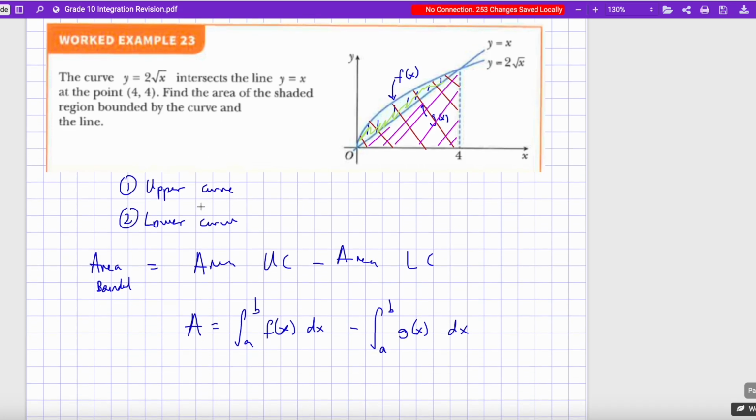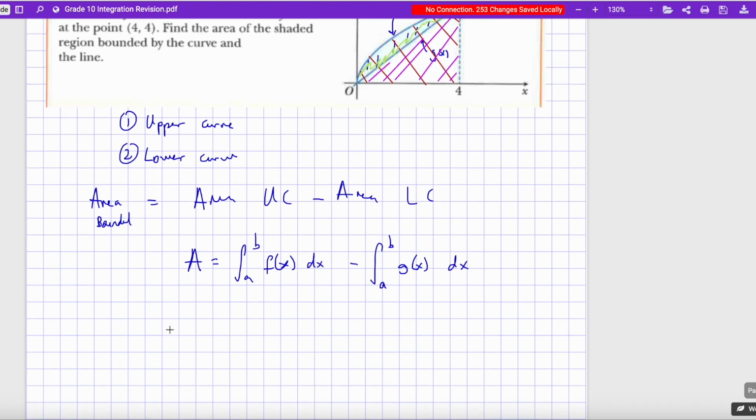All right, so let's look at this example and solve it. We have the curve and the line y equals x, and the point of intersection is (4, 4). That's very important, because with that point we can find the region we want to find the area from. So it's between 0 to 4.